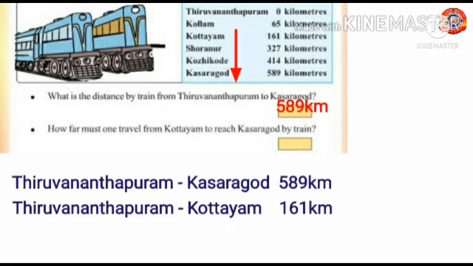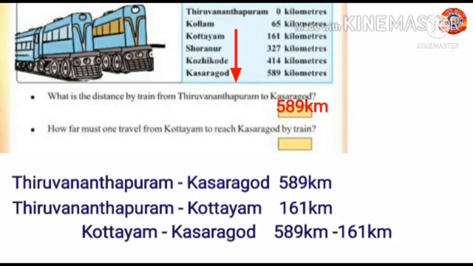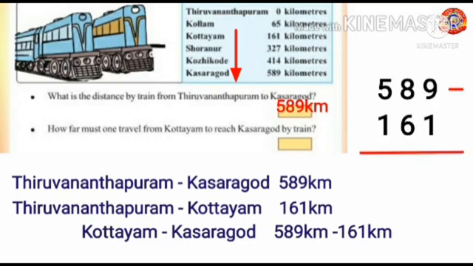To find out the distance from Kottayam to Kasaragod, subtract 161 km from 589 km. 589 minus 161. 9 minus 1, 8. 8 minus 6, 2. 5 minus 1, 4. 428.